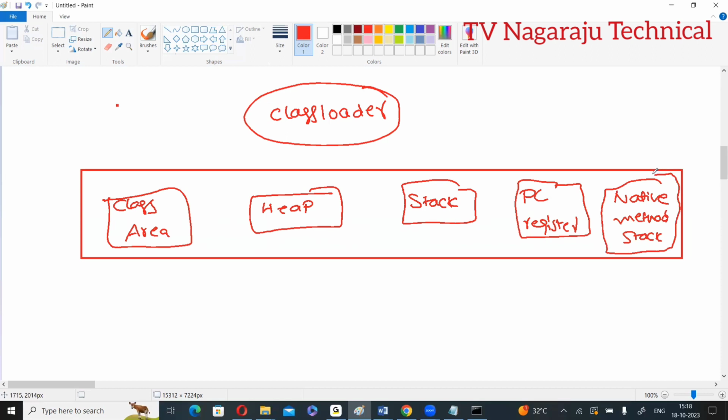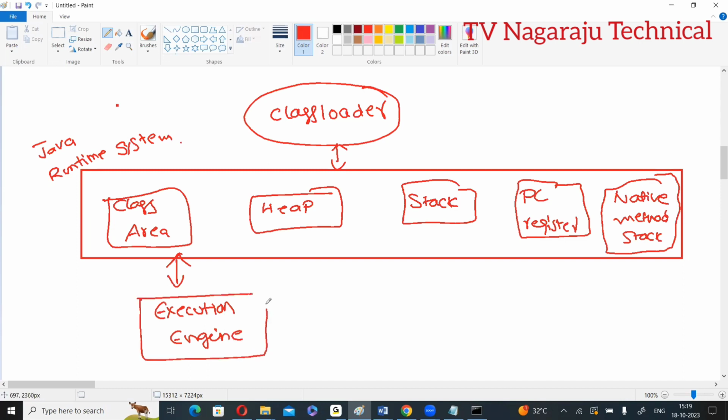Mainly JVM consists of three parts. One is the class loader subsystem. The second part is the Java runtime system, along with the execution engine, which supports the execution of your bytecodes.